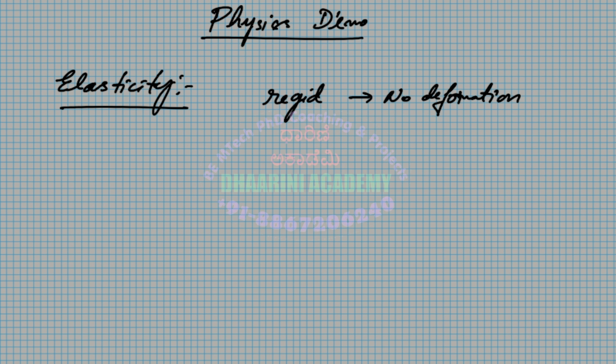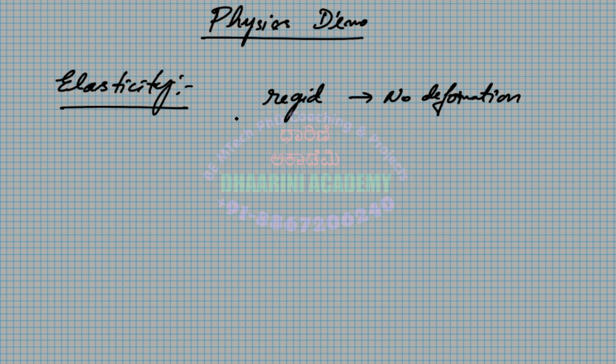There is no deformation, right? You don't see the object changing its shape when you apply an external force above some threshold. So that should be clear. That's the first type of object, depending upon the elastic property of materials.